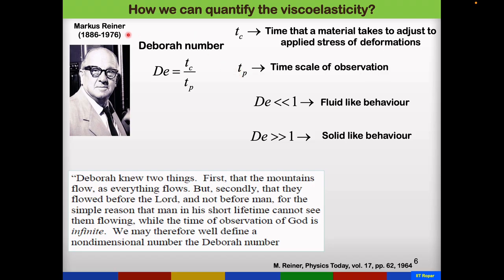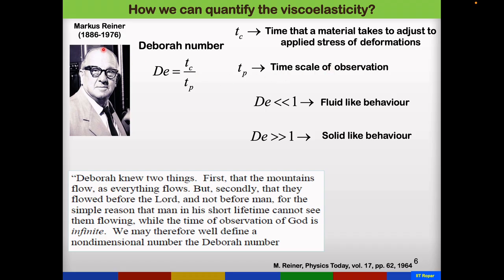To do that, Professor Reiner, one of the well-known rheologists, proposed a non-dimensional number called the Deborah number, designated as D equals Tc by Tp. Tc is the time that a material takes to adjust to applied stress or deformations. It is the same lambda that I discussed in the last slide. And Tp is the time scale of observation.